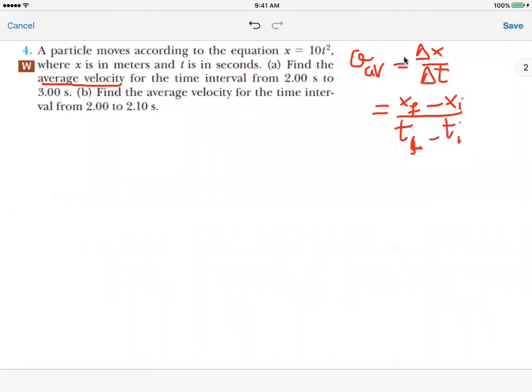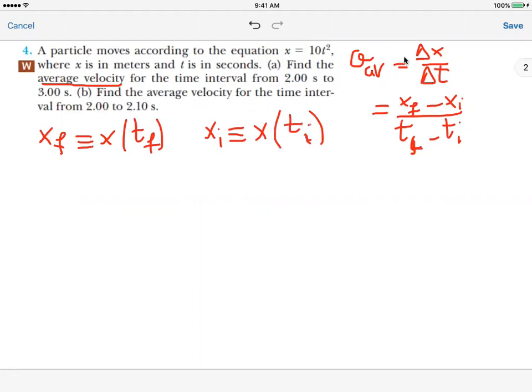And not to forget that x final is nothing else than the position x evaluated at time t final, and x initial is the position x evaluated at time t initial. So don't forget these two important notions. And so now let's go on with the solving.